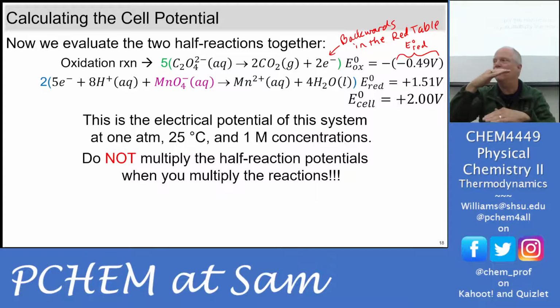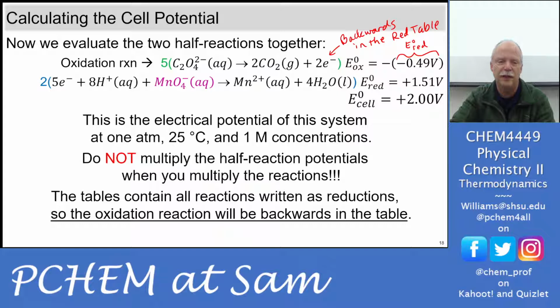So that reaction only produces a 0.49 voltage, and the other one only produces a 1.5 voltage. So multiplying those doesn't do anything to the voltage. It only changes the width, how many electrons are pushed. Okay, so that's a huge thing to think about. The tables contain all these reactions written as reduction, so the oxidation reaction needs to be flipped, and so you flip the potential and add them together.